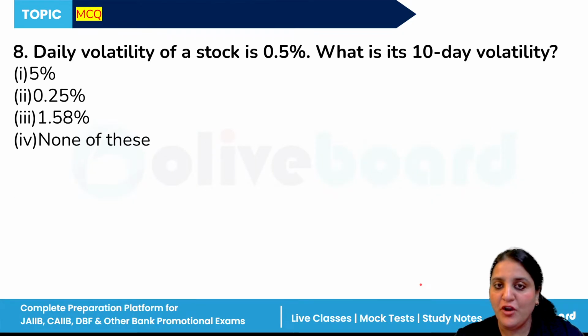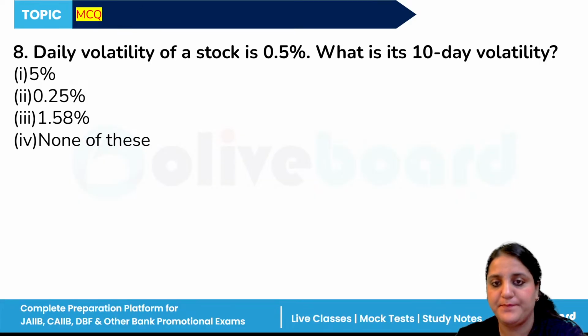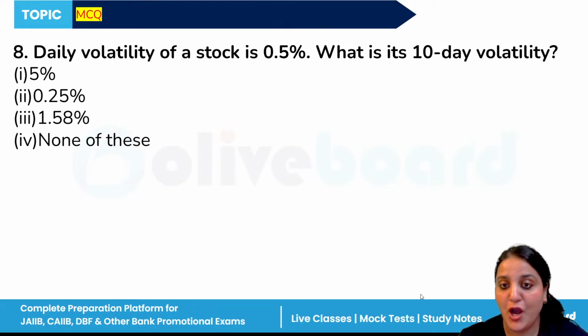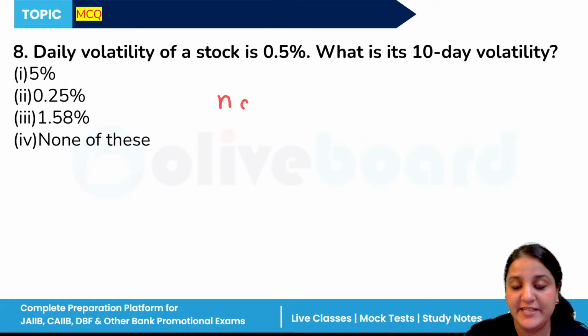Then, daily volatility of a stock is 0.5%. What is its 10-day volatility? We know how to calculate the volatility.